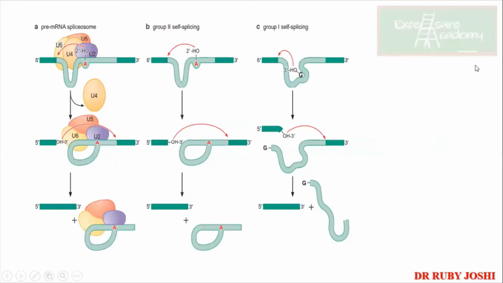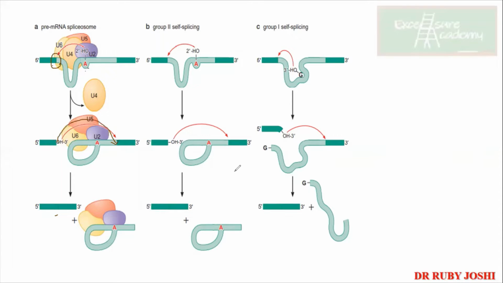Now I have a diagram which will clear the confusion. First, let's look at the spliceosome one. We know the branch site A shows the nucleophilic attack, the branch forms here, and finally there is an attack over here, the exons are joined and the introns are removed.